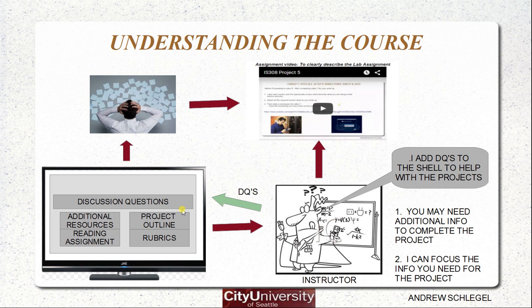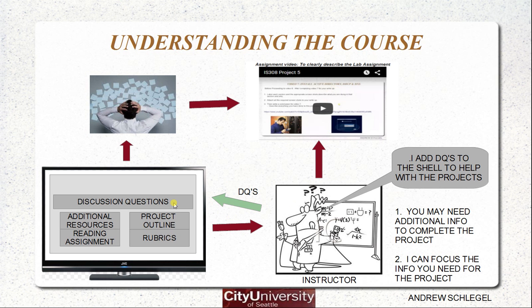So what I want you to understand is your discussion question is 20% of your grade, but I want you to look at the discussions as a path to the solution for the projects. Because as I'm making this project, or let's say I taught this semester 2-3 semesters ago, or I've taught it 2 or 3 times, I make these discussions based on what I know that you need to know in order to solve the problem. These discussion questions are starting to focus in on solving the assignment.